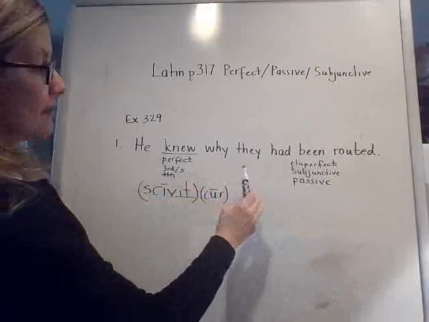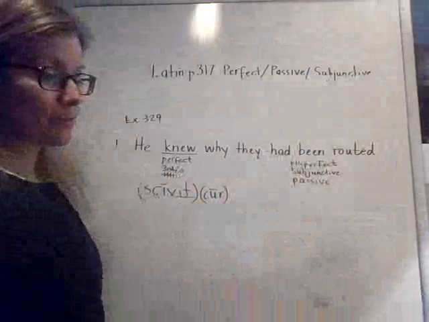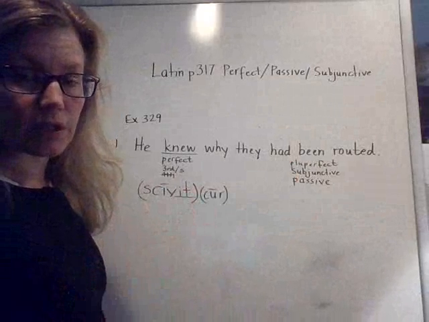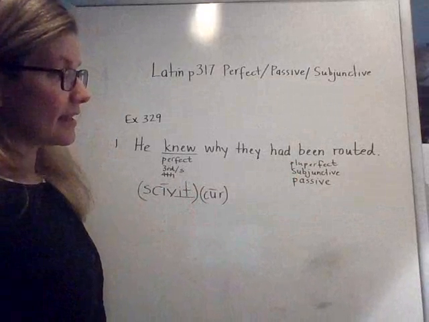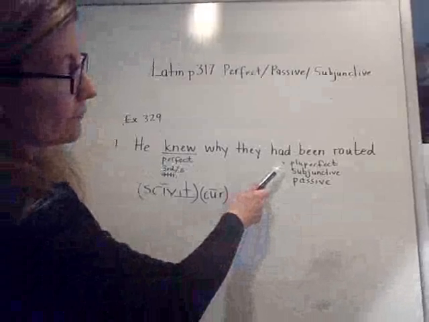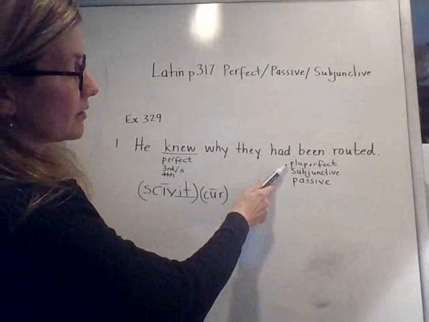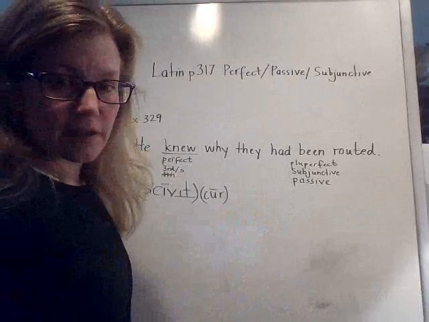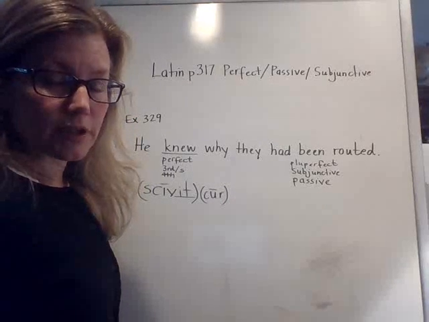Then, they had been routed. It takes us four words to say in English. We're going to say it with one word in Latin. Actually, two words, because when you have the pluperfect subjunctive passive, you're going to see that that's a compound verb.